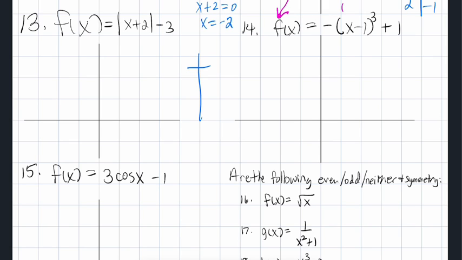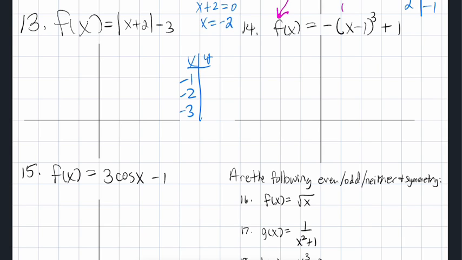Now, from the symmetry of an absolute value function, it's that V. We know if -2 is the point of the V, the vertex of the V, if you plug in something to the left of it and something to the right of it, you'll get where both sides of the V are heading. So that's my strategy when I do the 3 points accuracy for an absolute value.